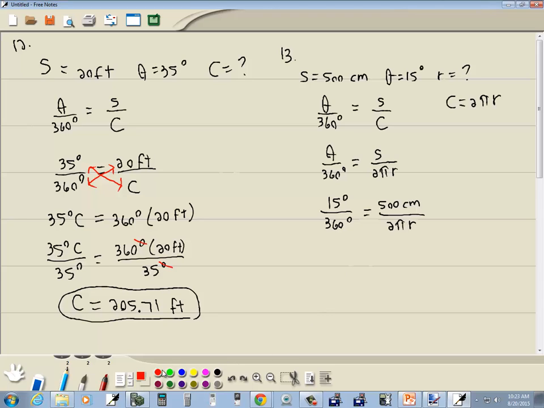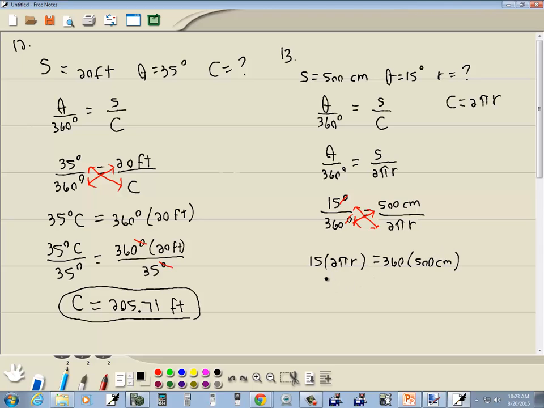Now I'm going to do a little bit of simplifying. These degrees are going to cancel, so those are gone. And remember, we have a proportion here. We got a single fraction equal to a single fraction, so we can cross multiply. So we're going to have 15 times 2 pi R. So 15 times 2 pi R is equal to 360 times 500 centimeters.